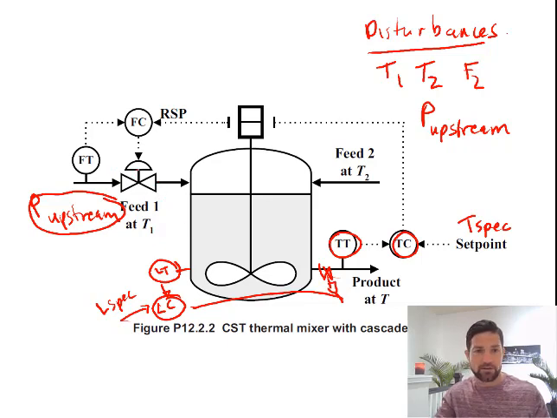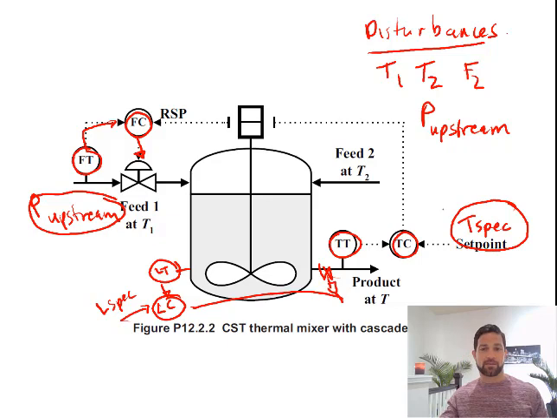Okay, so in this case, we're going to measure the flow through the system. We have a control valve on the flow. So this is going to be our cascade loop. The flow goes to the controller, and then this is going to change the flow valve. The way cascade works is that our primary control objective, this temperature set point, is the main thing we care about.